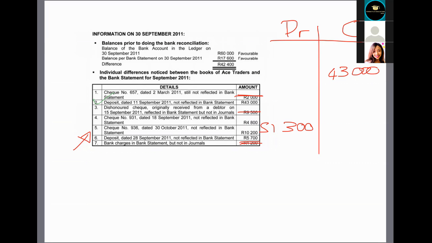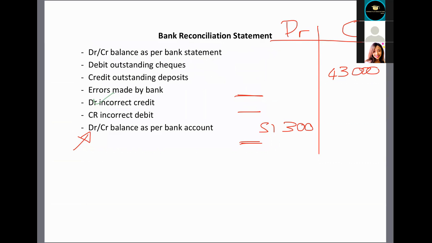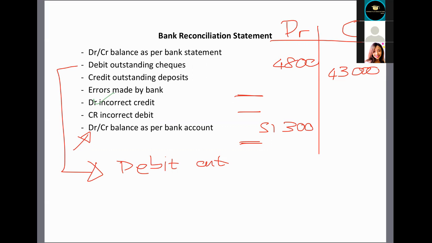So what do we do? We take that 4,800 and we debit it, right? So I'm going to have a debit balance here of 4,800. Now I was explaining that when it comes to our checks, you write this: you say debit outstanding checks there.